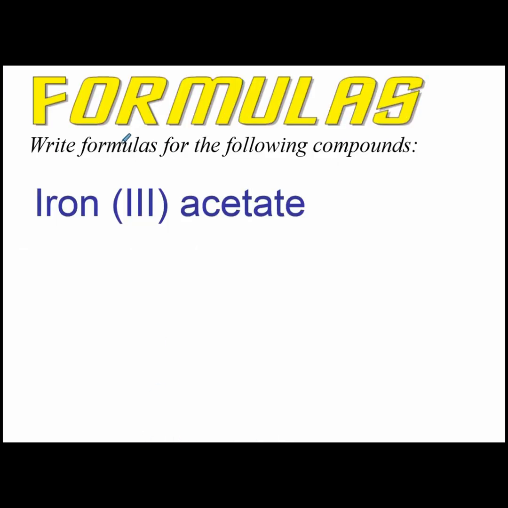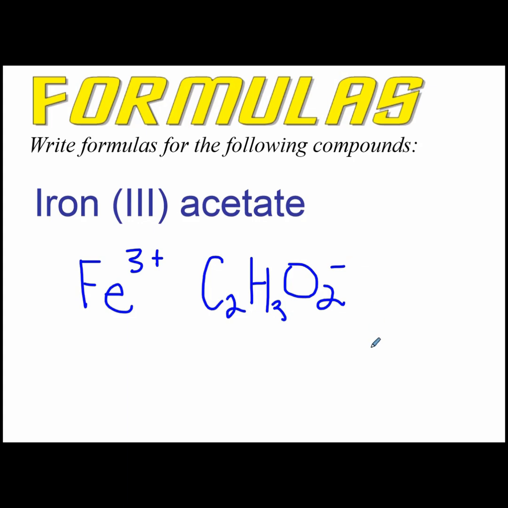So iron 3 acetate then, iron 3 would be Fe3+, and acetate is C2H3O2 -1. So then again, all we're having to do is make sure that the positive and negative charges are balanced out.